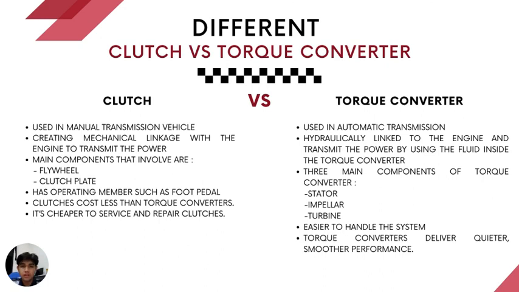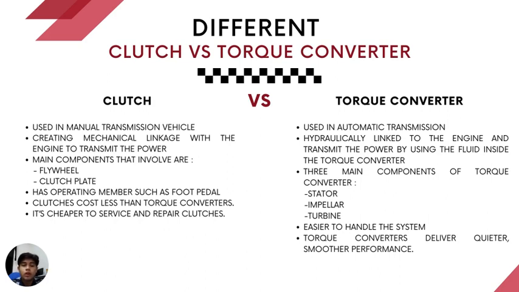Next, I, Muhammad Fahad, would like to present the difference between clutch and torque converter. Before that, these are two different systems used in automobiles, but both are used for the same purpose, which is to take the power and transmit it to the gearbox.